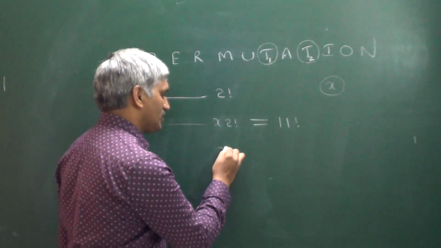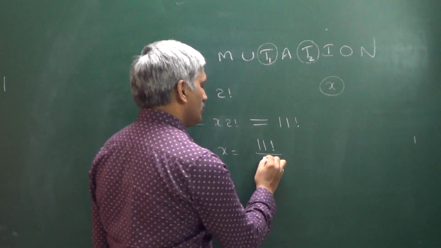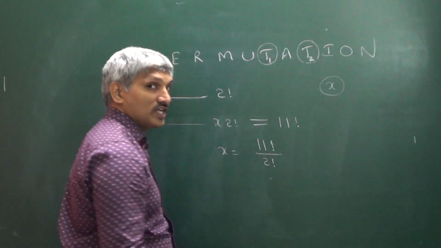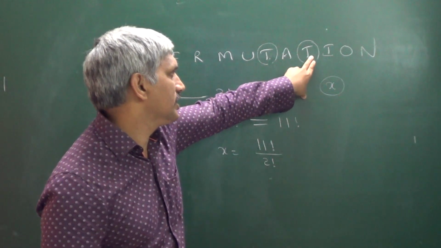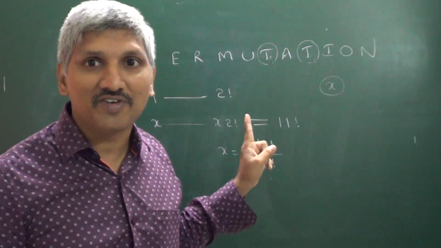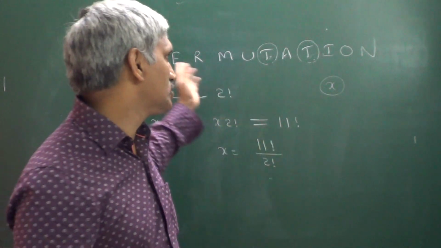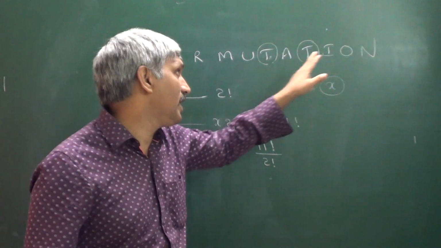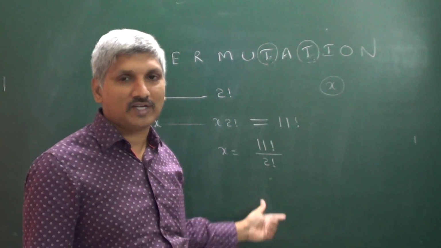Therefore, X is equal to 11 factorial divided by 2 factorial. So whenever letters in a word are repeating, we divide by factorial of the number of times they repeat. Here T is repeating 2 times, that's why we write 2 factorial.